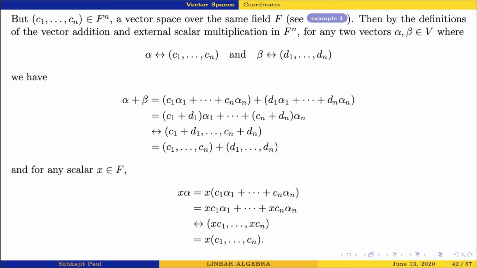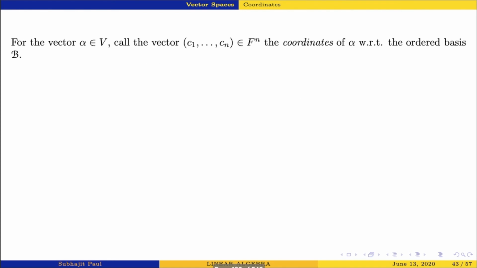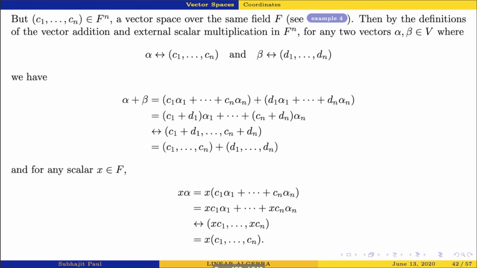So this shows that the addition operation in V corresponds exactly to the addition operation in Fn. The external scalar multiplication in V by a scalar corresponds to external scalar multiplication in Fn by the same scalar.